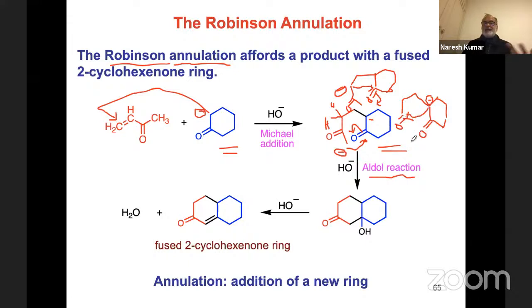So that doesn't help either. But there's another possibility. We could go from this side rather than that side, and then attack that carbonyl.